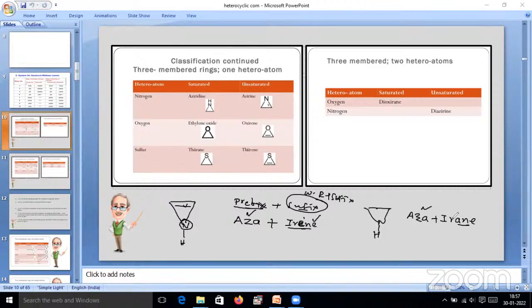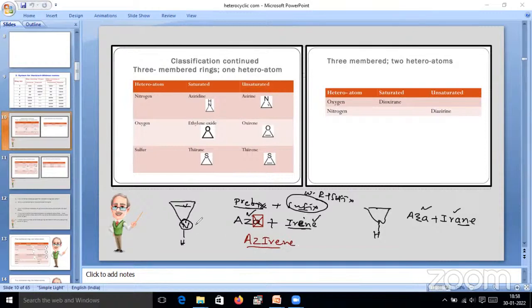This is prefix and suffix. Then you can delete the letter. You can delete the last letter A from prefix, then write az. The prefix can add it to suffix irine, azirine.